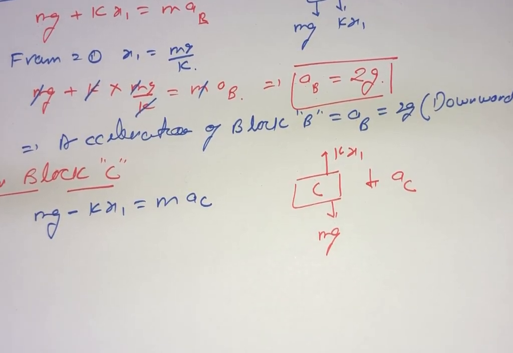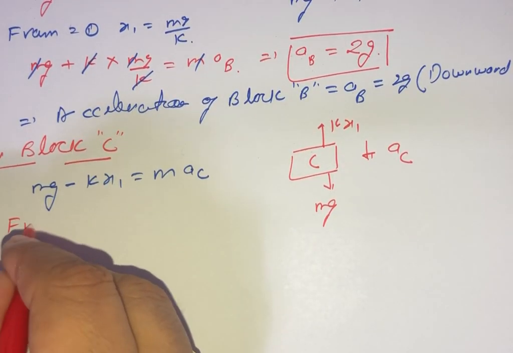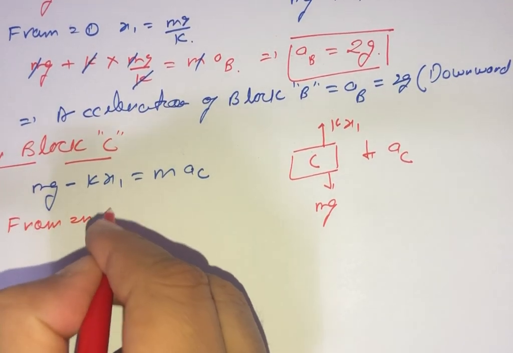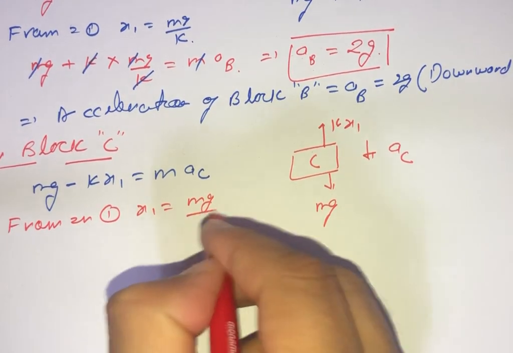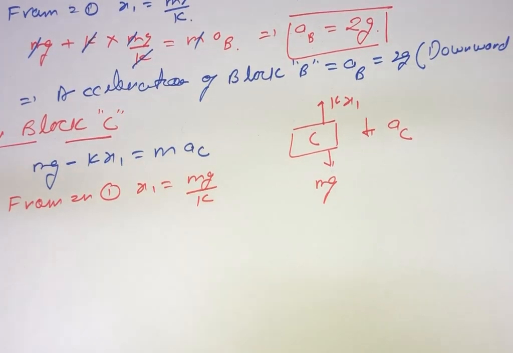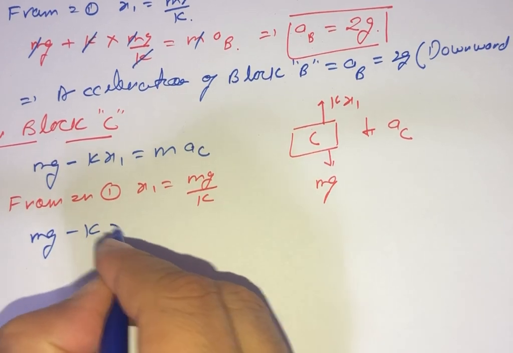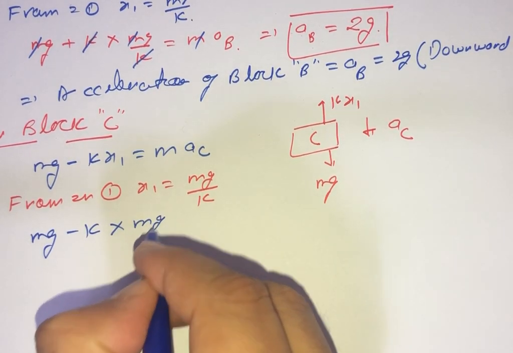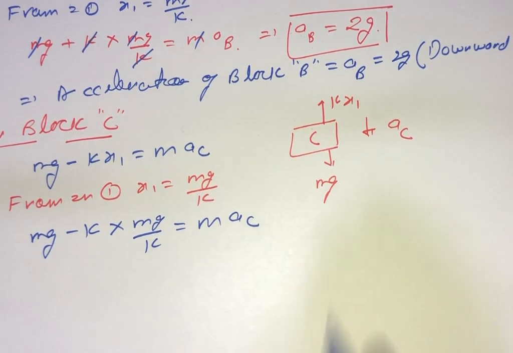We have the value of x1. From equation 1, x1 is equal to mg divided by k. We put the value, so mg minus k into mg divided by k is equal to m into AC.